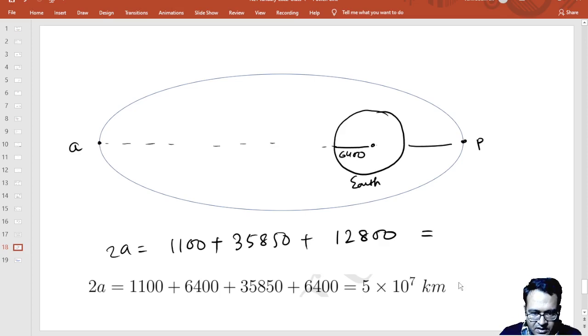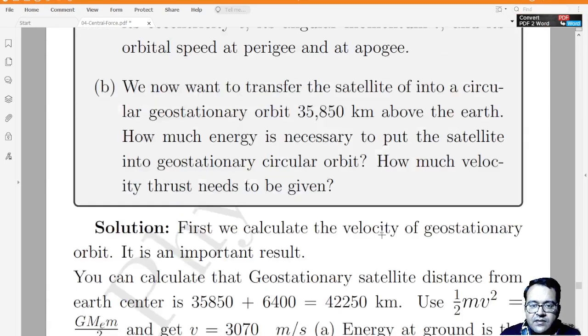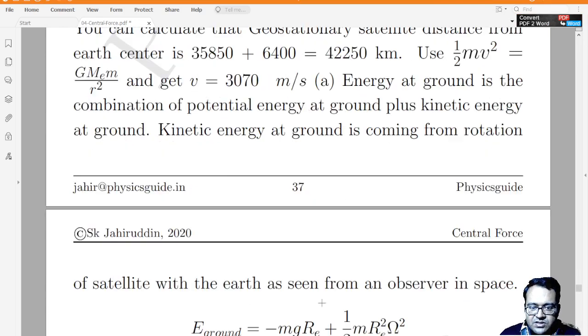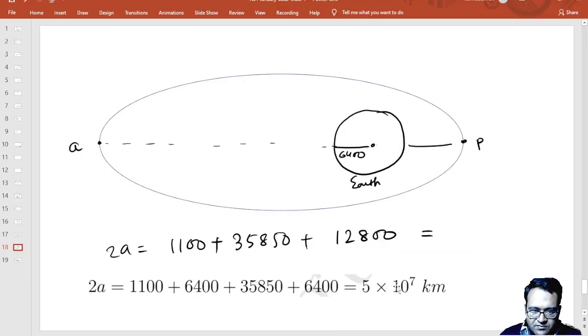1100 plus 35,850, that was the given data. We may approach this differently. Plus 12,800, 47.